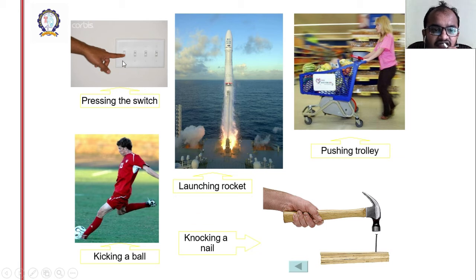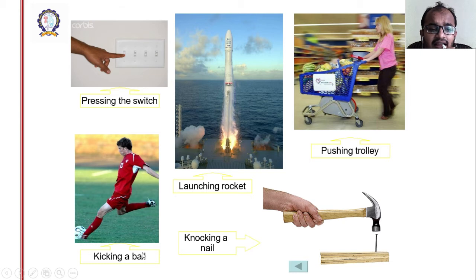Now here are a few more examples. Pressing the switch, right? Pressing the switch we can call a force. Launching the rocket requires a force, right? Pushing a trolley, look carefully, this is one kind of push action, right? So pushing the trolley is in the category of push, and we can define it in terms of force.